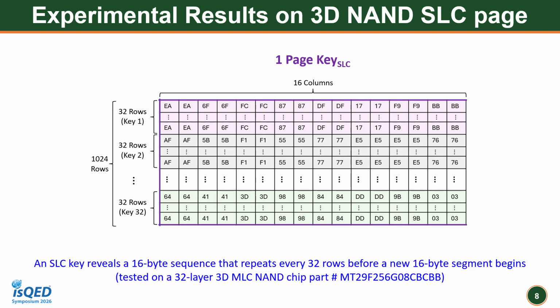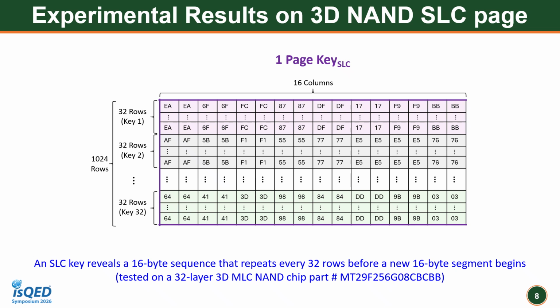You can see here that the SLC page key reveals a 16-byte sequence that is repeated for 32 rows, and then a new 16-byte segment begins and is repeated for another 32 rows, and then another 16-byte segment starts for another 32 rows. We observe this repeated behavior for a single NAND flash page, and we conclude that this is the key for the SLC page.